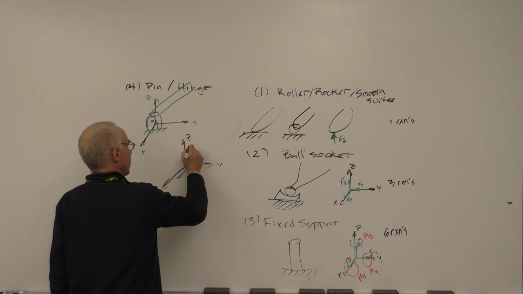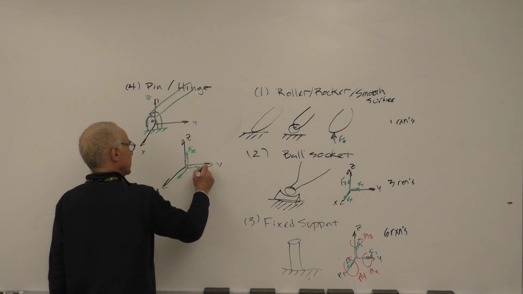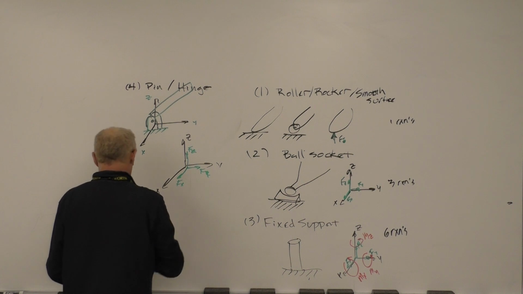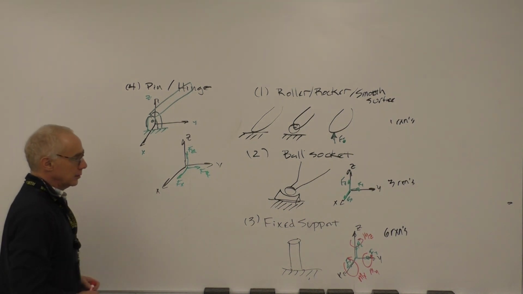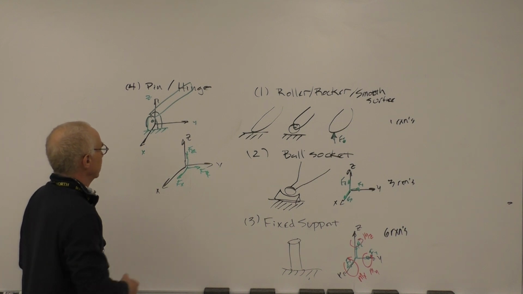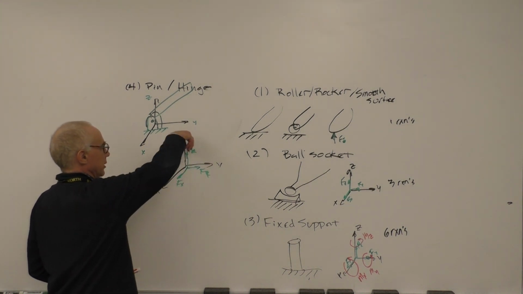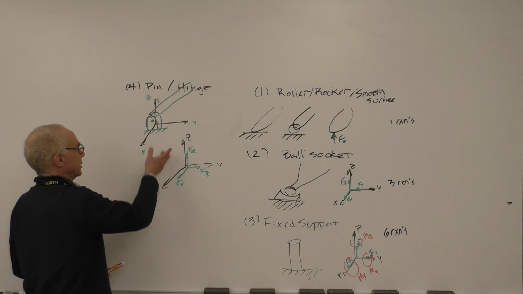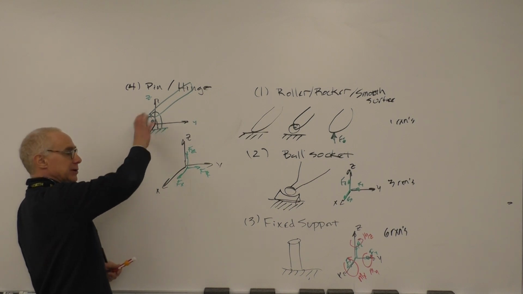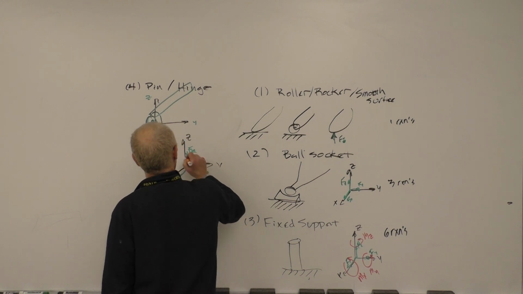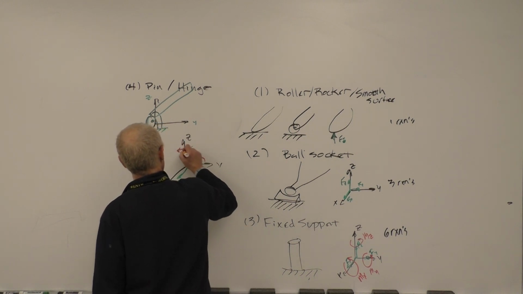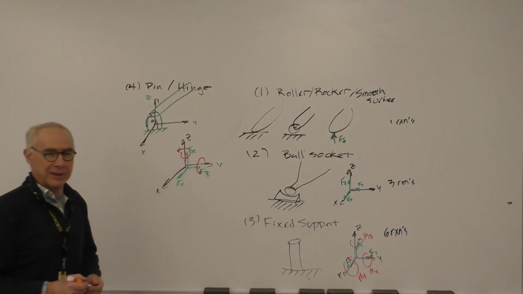So it has forces in all directions, force in the Z direction, force in the Y direction, force in the X direction. But it's only going to have 2 moments in the Y direction and the Z direction, but not in the X direction because in this case, it's allowing rotation in the X direction. So I'll put a moment over here and one over here. So now you can see we have 5 support reactions.